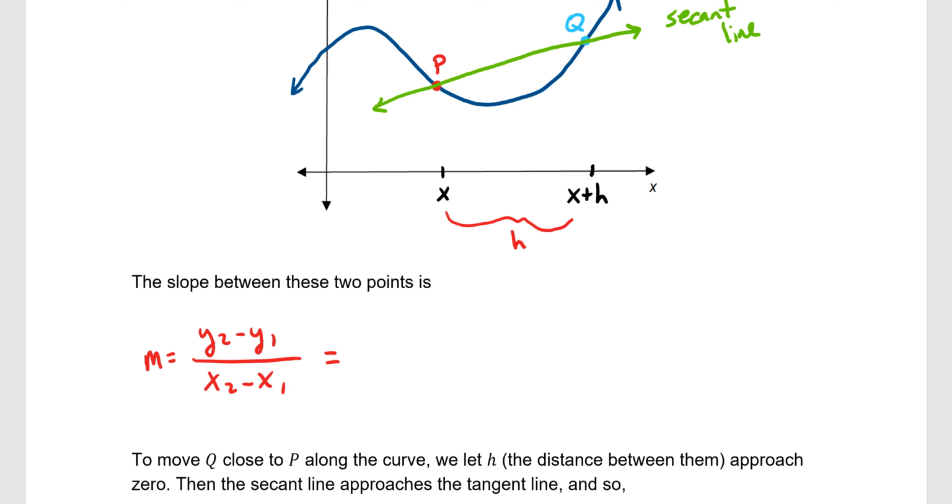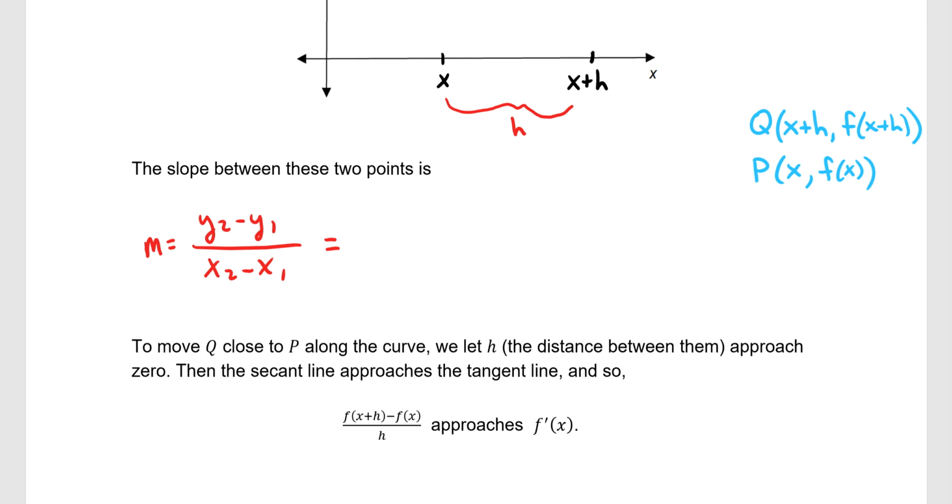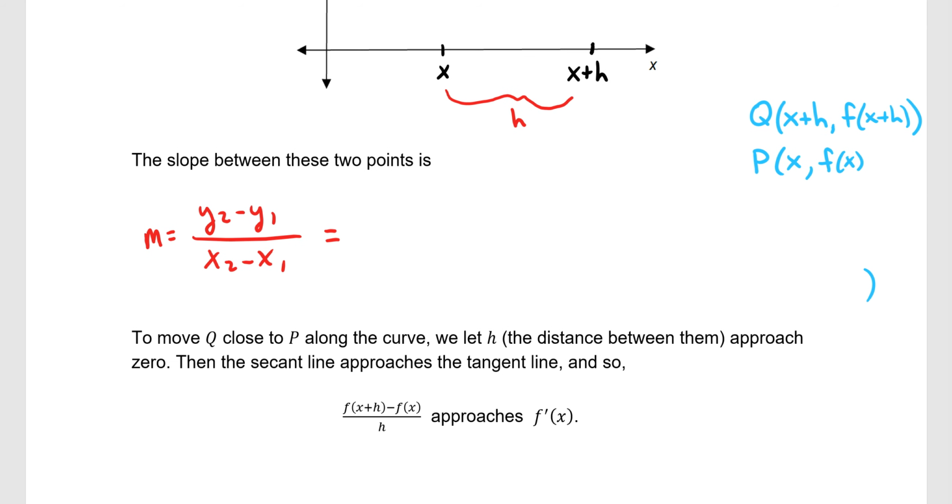For the x plus h point, Q has coordinates x plus h for its x coordinate, and then its y coordinate would be the function evaluated at that x coordinate. So it looks pretty confusing. And then for P, we said the x coordinate was x. That means the y coordinate is just whatever f of x is.